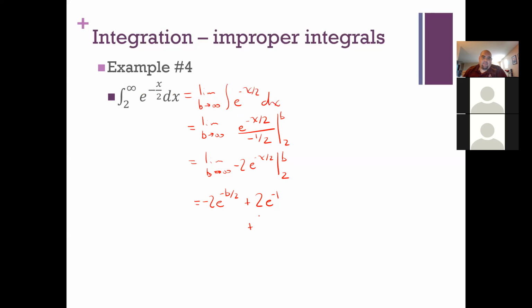And yeah, this guy right here becomes 2 over e. This one right here, I'll rewrite as -2 over e to the b over 2.